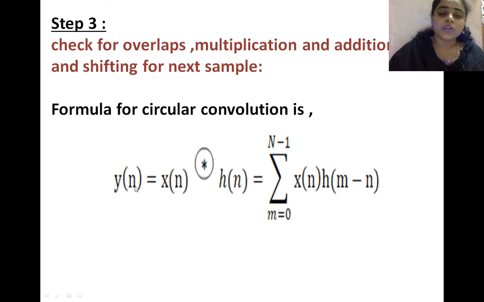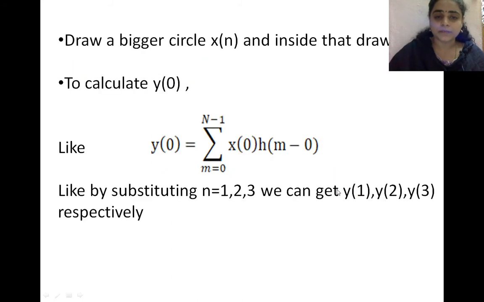So y of 0, if you want y of 0, you have to substitute 0 for n here, and for m equal to 0 to N minus 1, you have to substitute m here. See, draw a bigger circle. How are we going to evaluate? I am going to show you circular convolution. Draw a bigger circle x of n and inside that draw h of minus n.